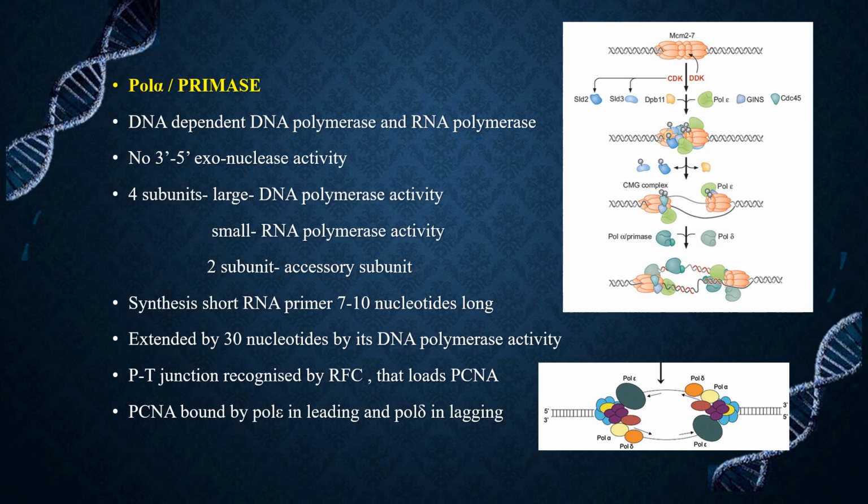PCNA is bound by Pol epsilon in the leading strand and Pol delta in the lagging strand. During initiation, there is a polymerase switching event in which primase is replaced by Pol alpha, which is later replaced by Pol epsilon or Pol delta. These switching events are mediated by RPA.